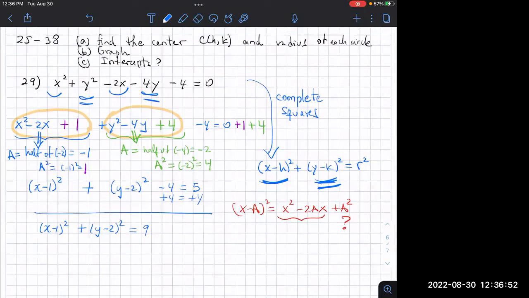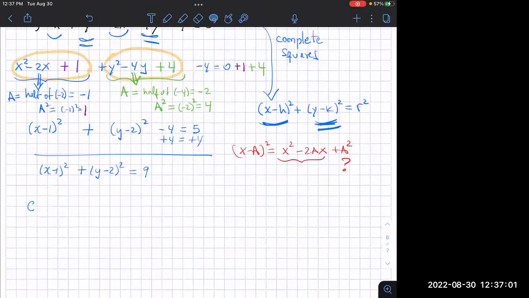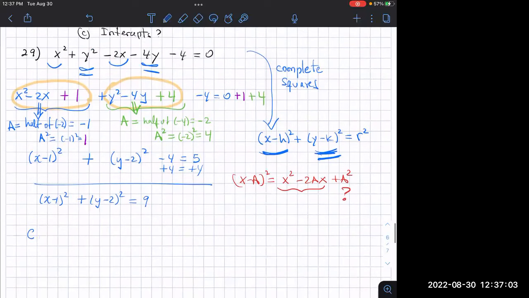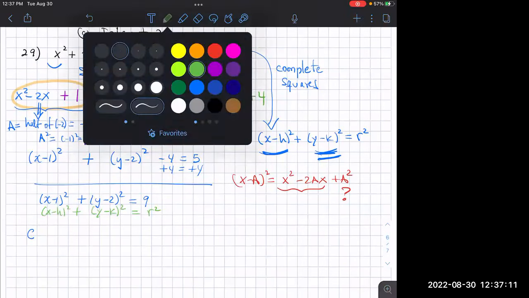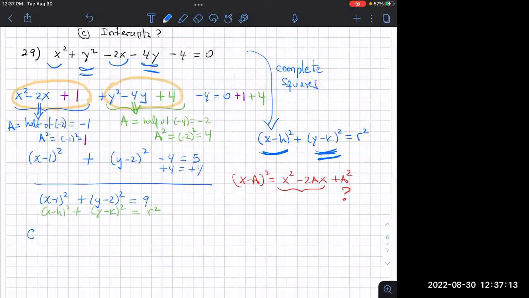I need the center of the circle. What is the center? H comma k, right? So what's h?